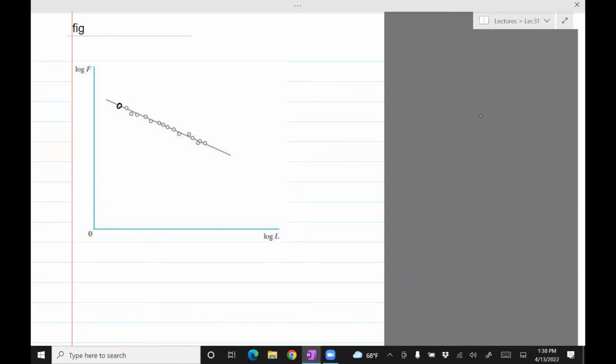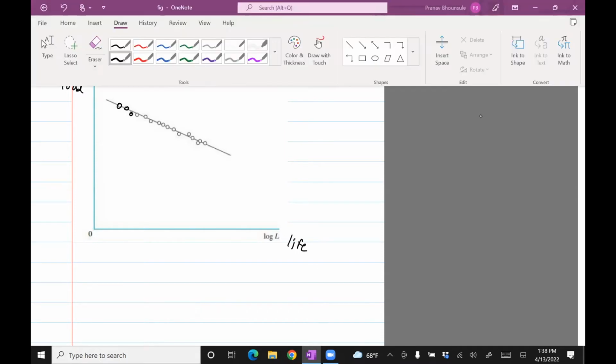Then perhaps you increase the force, and you get another point, and so on. When you do this experiment and do a log plot of F, which is the force load, to life, you see that it nicely sits on a straight line. Okay, so this is at 90% reliability.